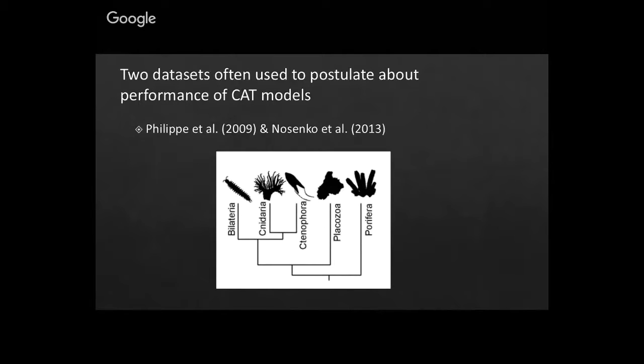Because when they used a CAT model, CAT-F81, they recovered sponges as a sister lineage to all other animals. And this does kind of match preconceived notions of animal phylogeny. But, based on some more recent analyses, I think that assumption is kind of called into question of whether or not this is the true phylogeny, this diagram I have here.